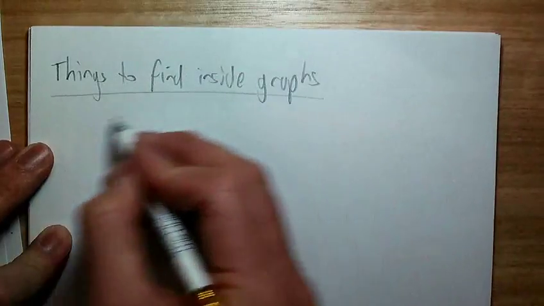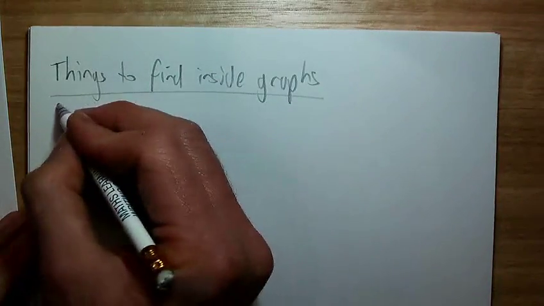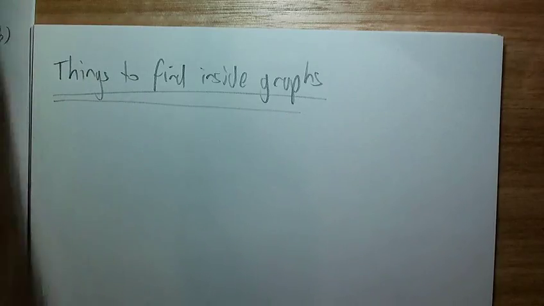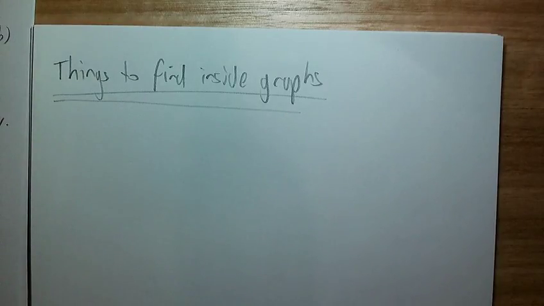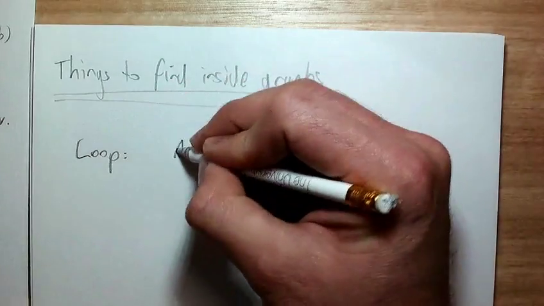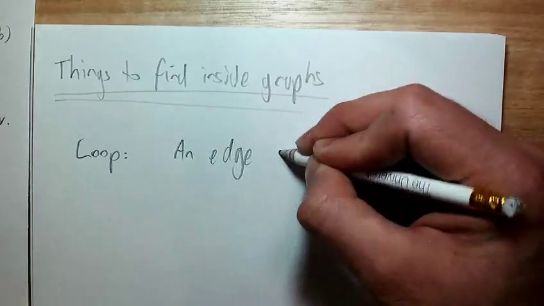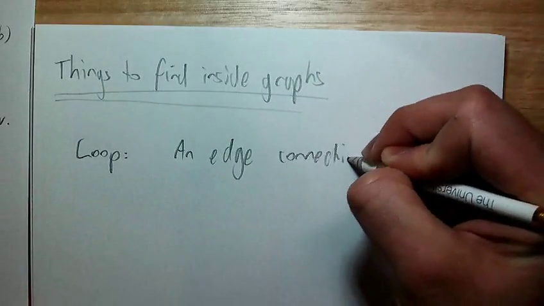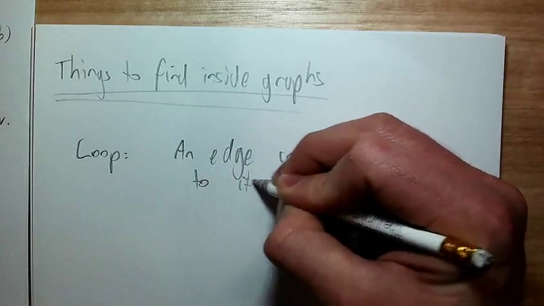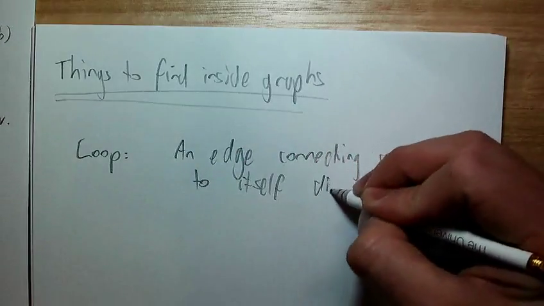Things to find inside graphs. What might we find inside a graph? We may find a loop: an edge connecting a vertex to itself directly.